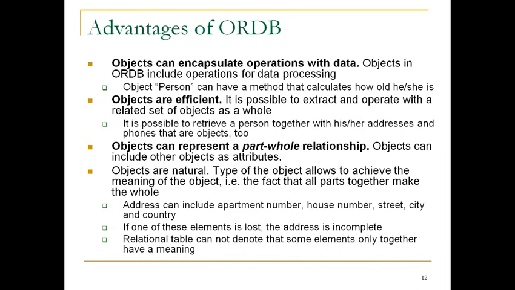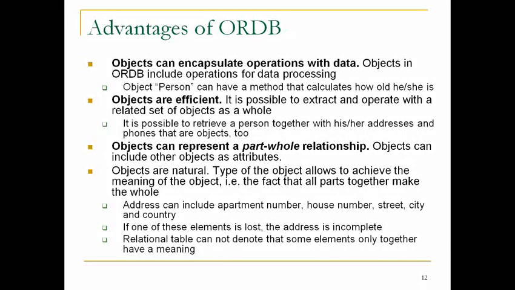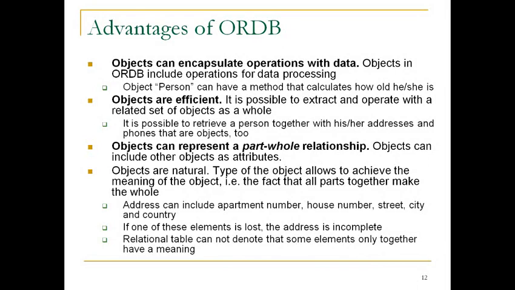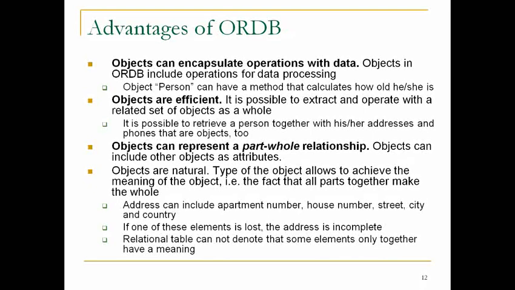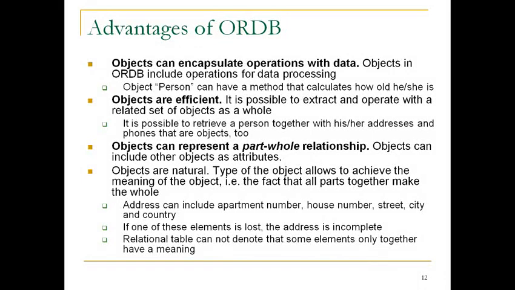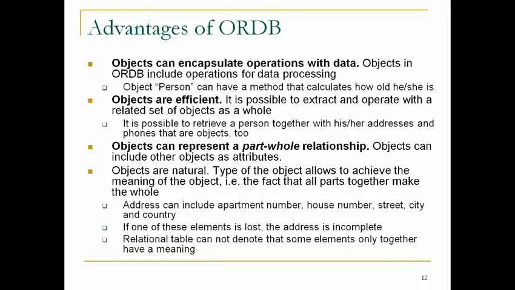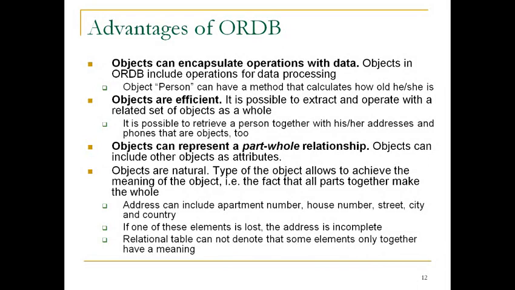If we have only some parts of the address, for example, if we have a street and an apartment number and we don't have a house number, then we can't find where the address is. And if we store these things in a relational table, we cannot say that only all columns together make sense.